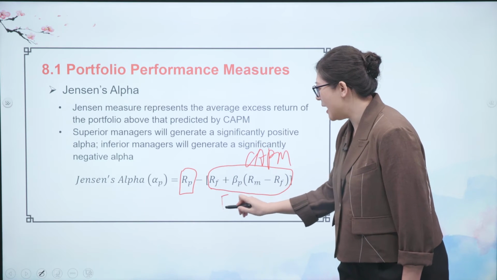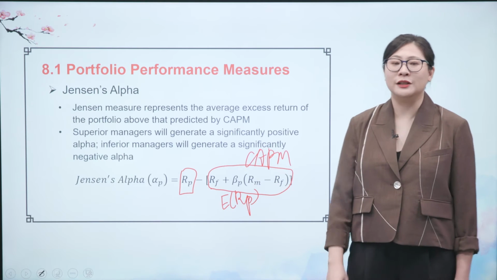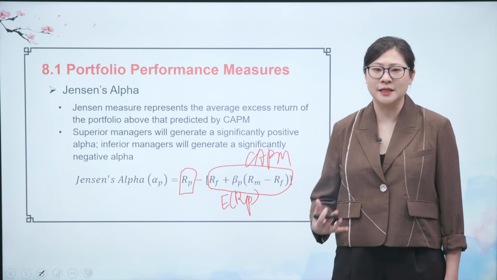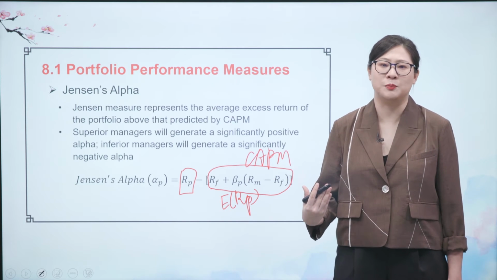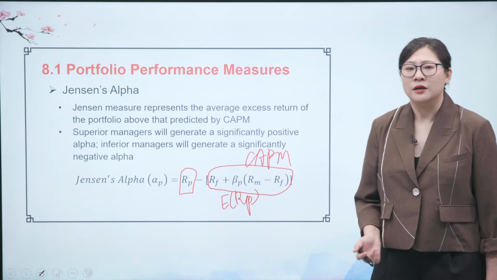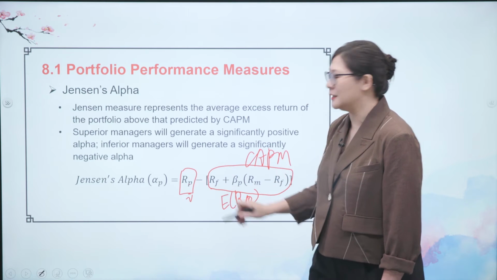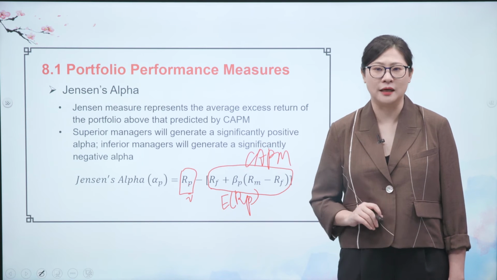It's our expected return for portfolio P. So Jenkins Alpha equals the realized return minus the expected return, which is from the capital asset pricing model. And you can also use i to substitute this P in the equation. It's the same meaning here.